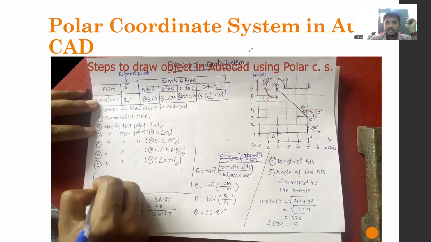It's measured from here. 0 is this point. The angle 0 also starts from the horizontal line. So this one is 0, and this one is 90.